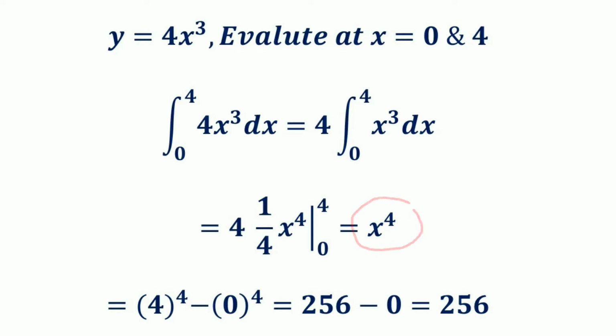Now x raised to the power 4 is evaluated at the upper limit of the integration 4, minus the same x raised to the power 4 evaluated at the lower limit of the integration, which is 0. So here 4 raised to the power 4 minus 0 raised to the power 4 is equal to 256 minus 0, which is equal to 256.